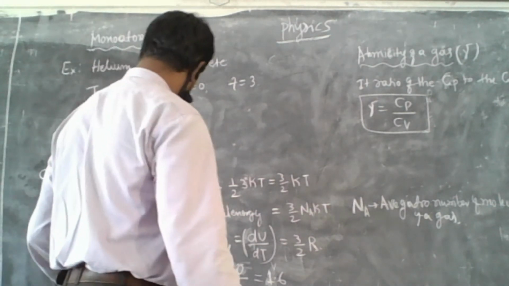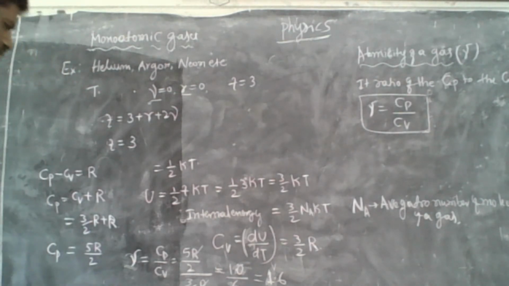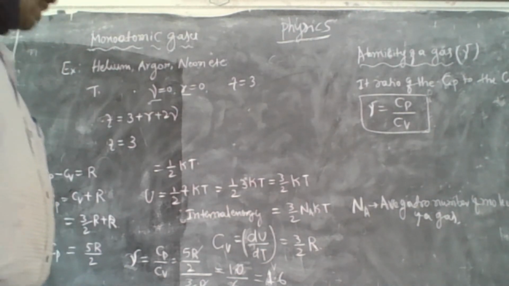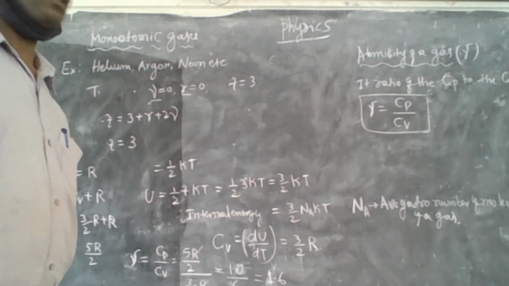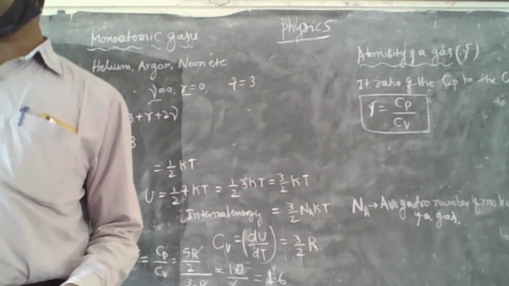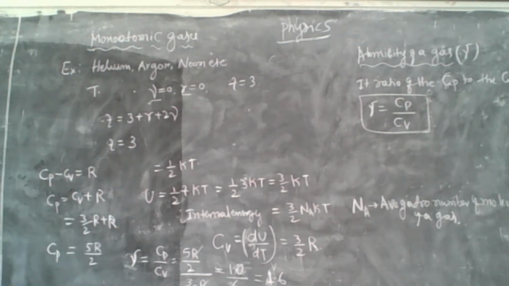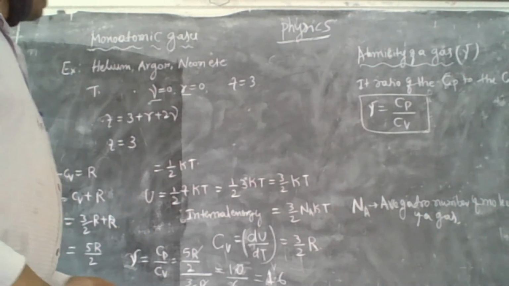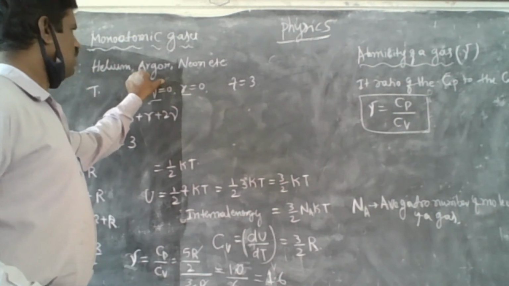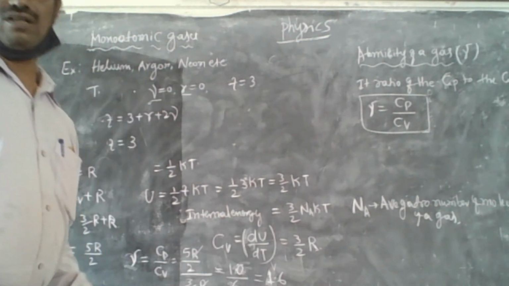That is the atomicity of a monoatomic gas. It becomes 1.6. So this is the monoatomic gas molecule. Examples for monoatomic gases are helium, argon, neon, etc.